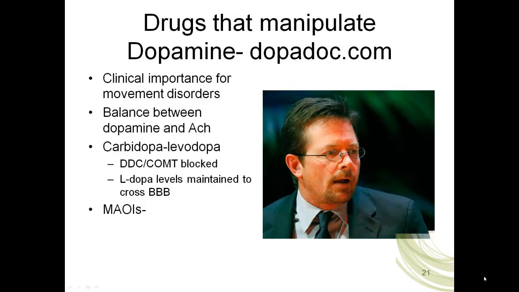Again, what drugs do I want you to know? I already told you in class that Parkinson's disease is a problem with a balance between dopamine and acetylcholine. Acetylcholine, of course, is excitatory on skeletal muscle. And we talked about balance between IPSPs, inhibitory postsynaptic potentials, and EPSPs, excitatory postsynaptic potentials.